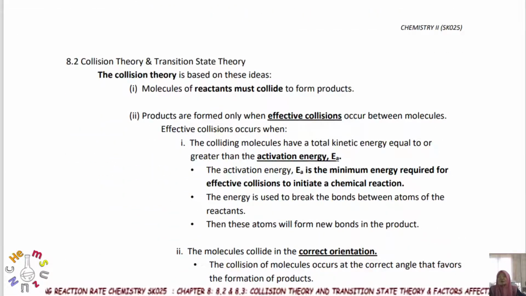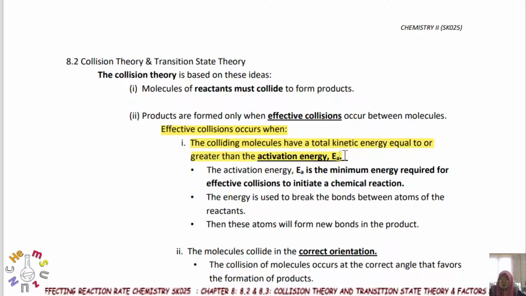Okay, sorry. Bila dikata factor, so product form when effective collision occur between molecules. So effective collision, kita akan tengok pada ayat ni, effective collision occur when the colliding molecule have a total kinetic energy equal or greater than the activation energy.